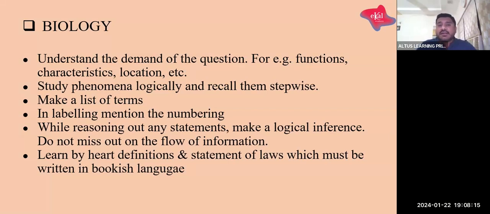Rather than labeling parts with hindbrain, midbrain, cerebrum, cerebellum, medulla oblongata, etc., don't write these words in the diagram. Instead, just write the numbers. Number 1, number 2, number 3, and then below your diagram, you specify the number standing for what. Number 1 is standing for midbrain, number 2 is standing for cerebellum, number 3 is standing for cerebrum, like that.